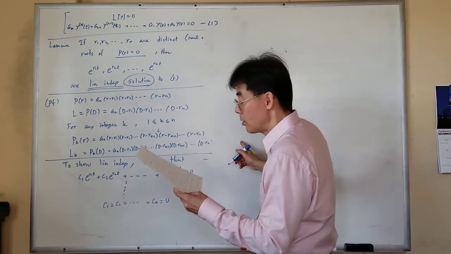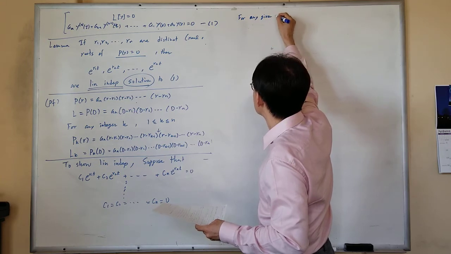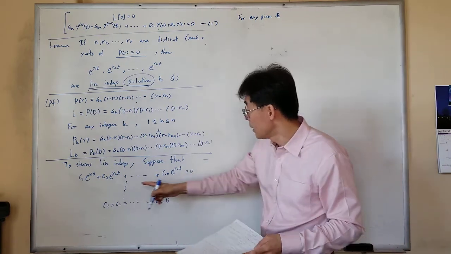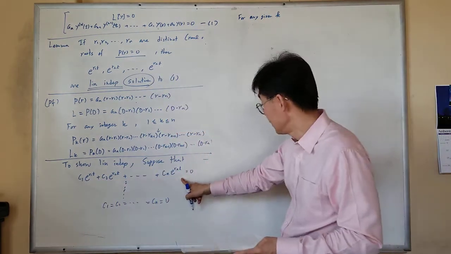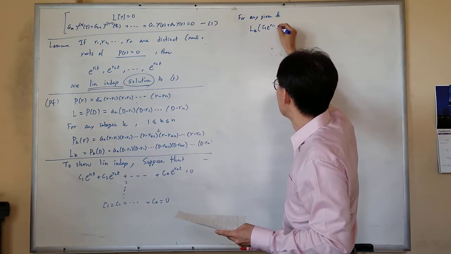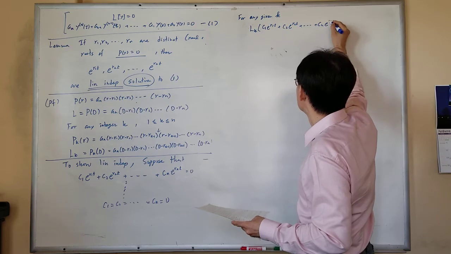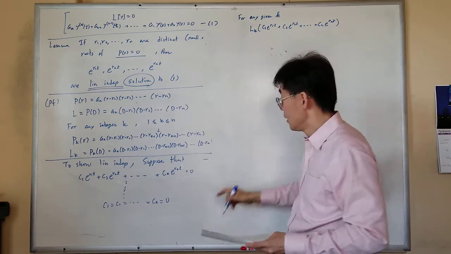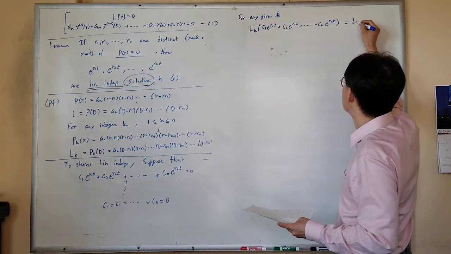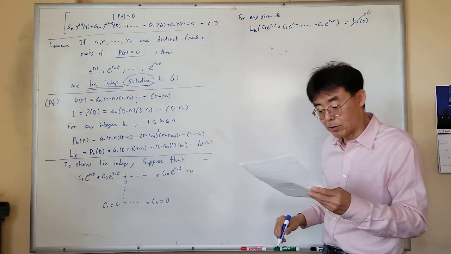So for any given k, let's consider we take L_k of both sides of this. L_k of c1 e^(r1 t) plus c2 e^(r2 t) plus all the way to cn e^(rn t), you take L_k of this, equals L_k of 0. The zero function under L_k will be the constant zero function.